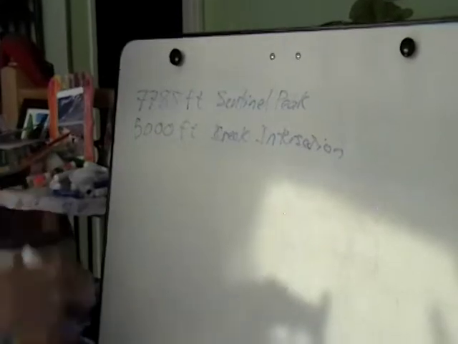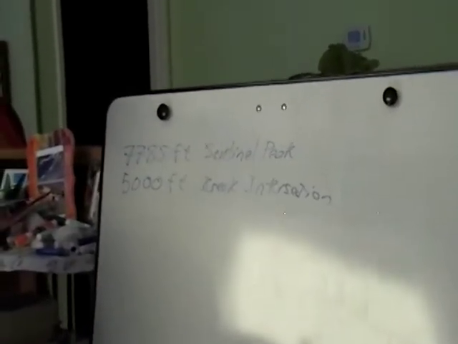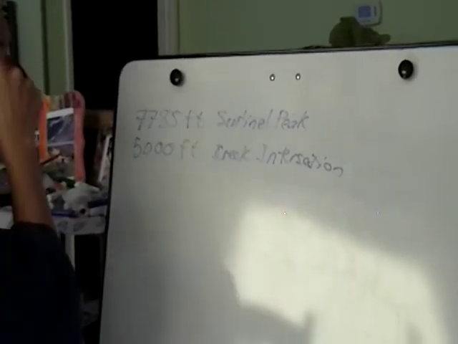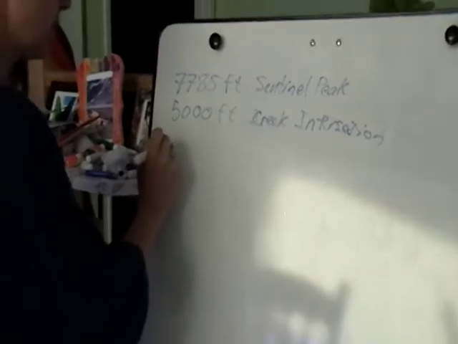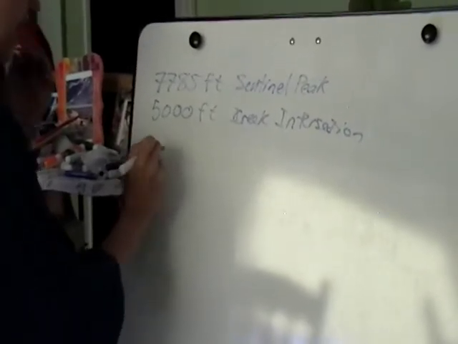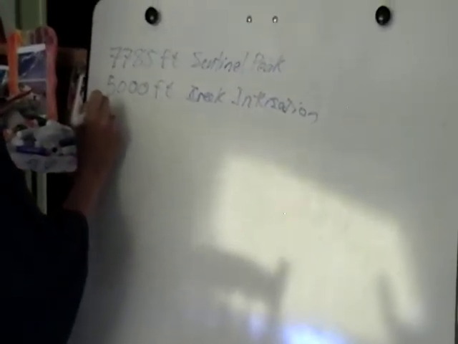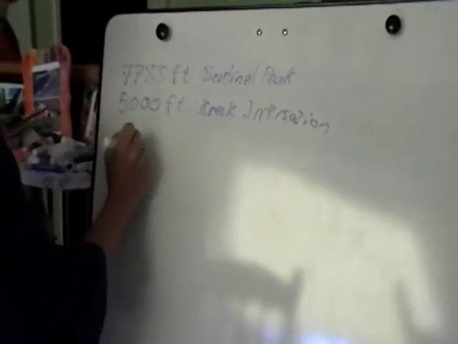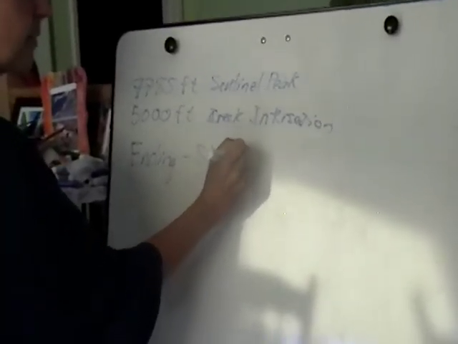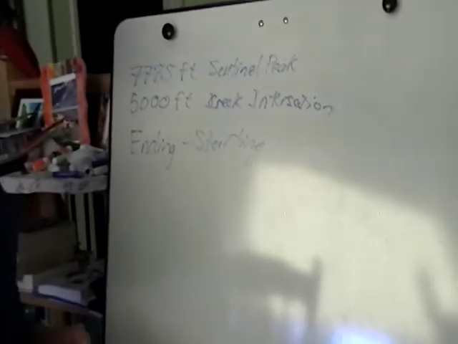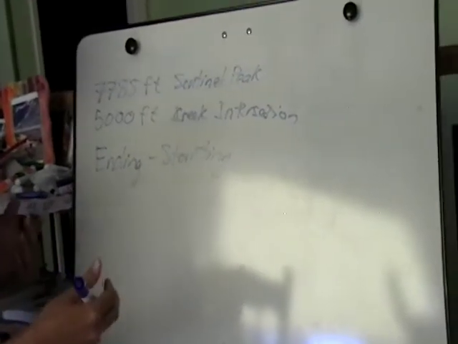So I'm going from Sentinel Peak to the creek intersection. That means I use the difference, point B minus point A. You always go ending minus starting, and the reason is because of the negative. We have to be concerned about that negative.